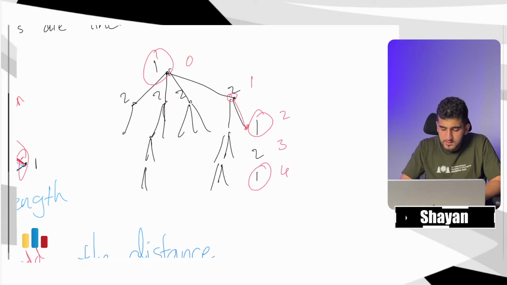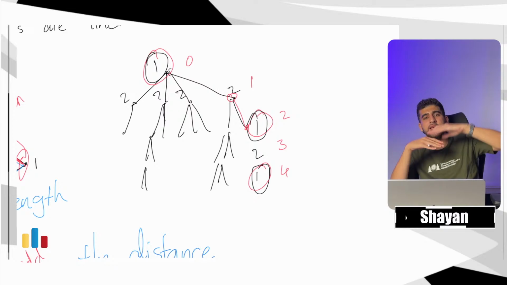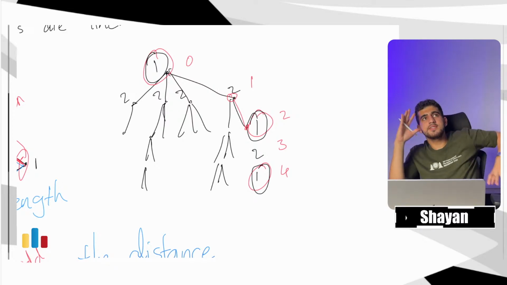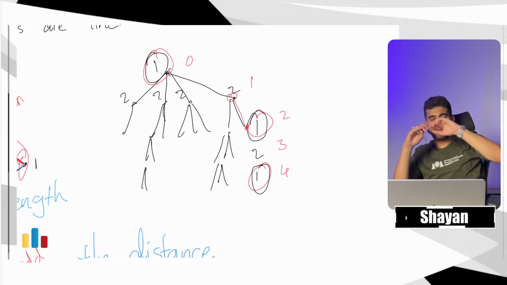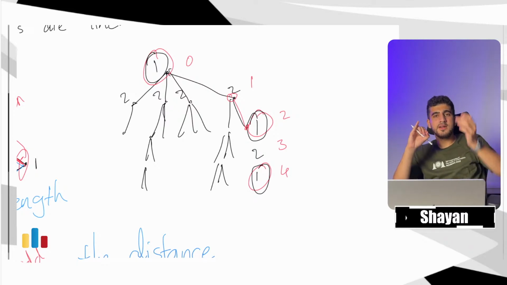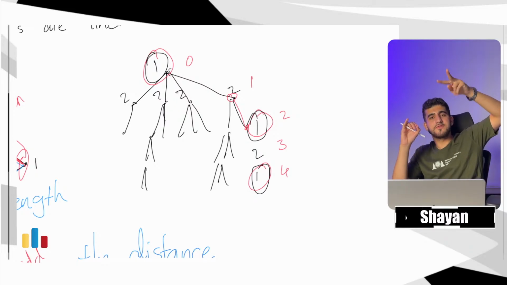You see that all vertices that have color 1 have an even distance to the root. All the vertices with color 2 have an odd distance to the root, because you can see that each time the color is flipped.